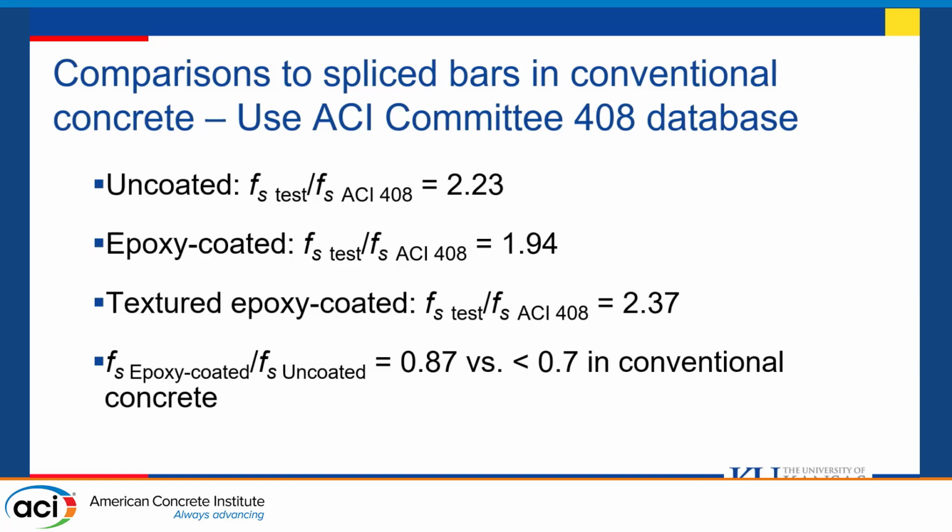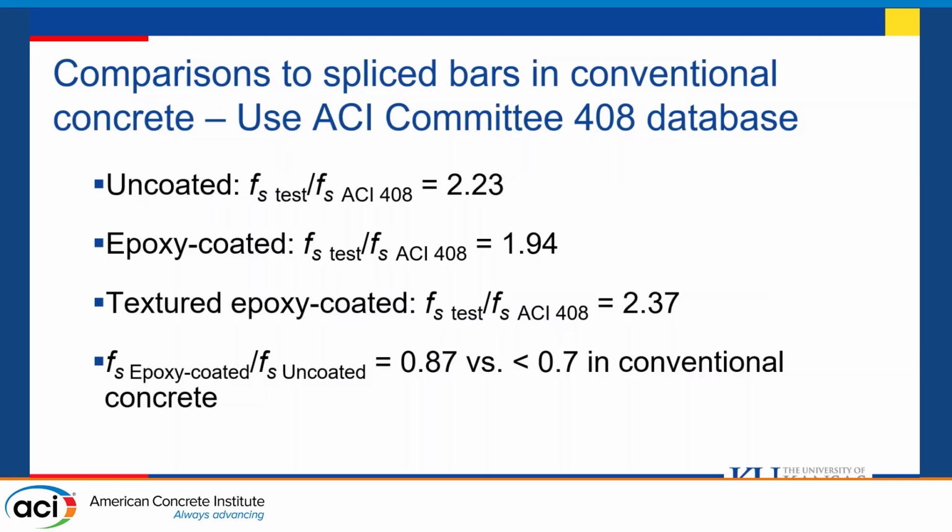And we compared our test results with the bar stress in conventional concrete using the ACI 408 database for contact splices without confining reinforcement having the same compressive strength. When we compared our test bar stress with the ACI calculated bar stress, we found that the ratio of fs test to fs ACI 408 has a mean of 2.23 for uncoated bars, 1.94 for epoxy coated bars, and 2.37 for textured epoxy coated bars.